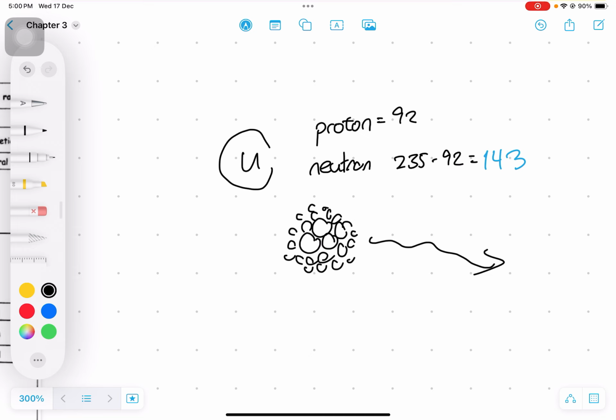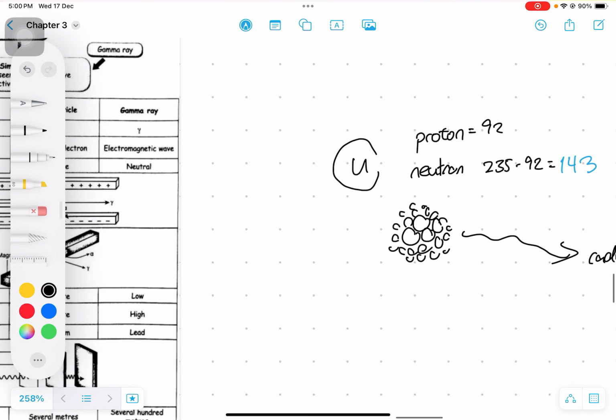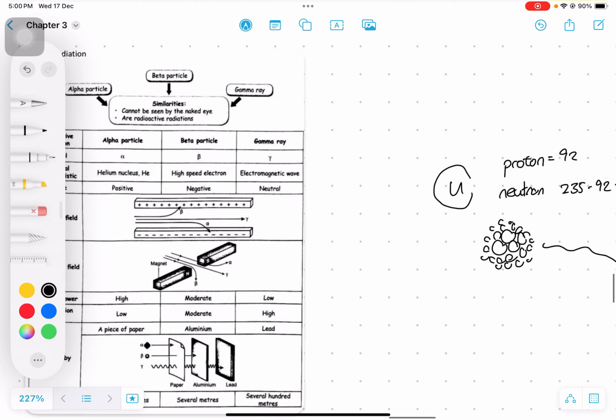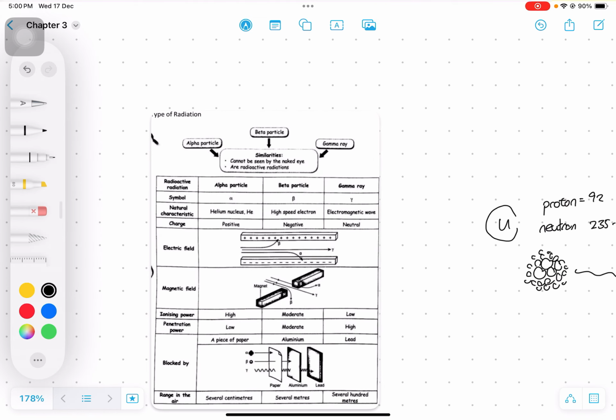So the center of an atom will release radiation to become stable. Because of that, there are 3 types of radiation it can emit: alpha, beta, and gamma.